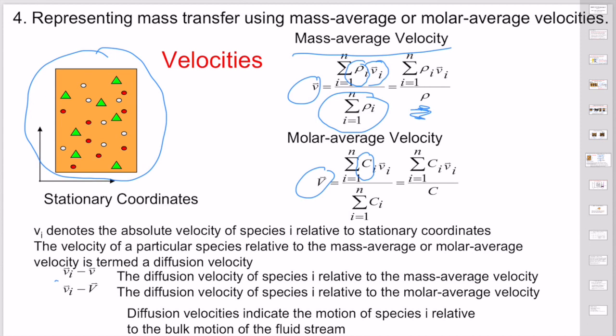If you take, for a particular species, its velocity and subtract the mass average velocity, you get the diffusion velocity. So that is how fast it's diffusing through the region relative to how fast the region is moving. And here is the same thing, only on a molar basis.